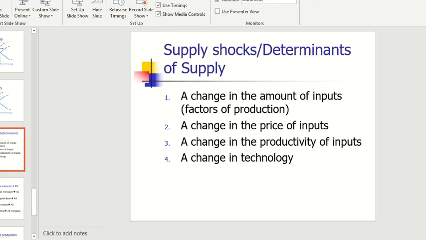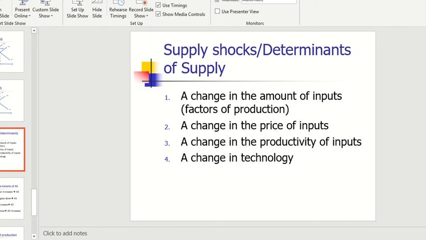Next, a change in the price of inputs. Suppose we observe a very sharp drop in the price of raw materials worldwide. Holding everything else constant, what is likely to happen to the amount of goods and services that can be produced?